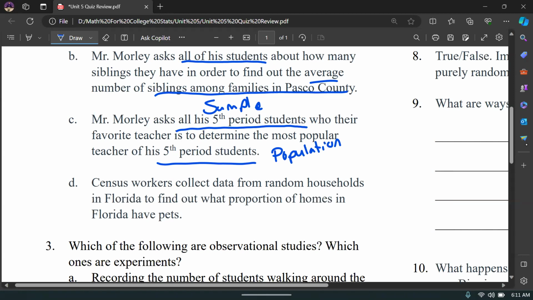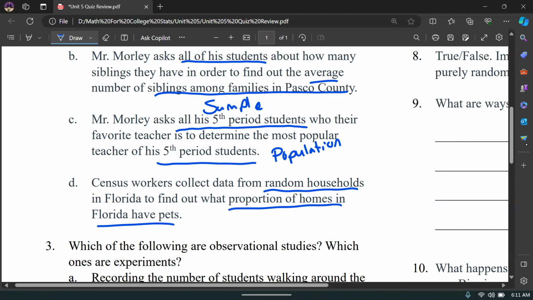And then lastly, census workers collect data from random households in Florida to find out what proportion of homes in Florida have pets. It could be a little more specific, but the idea here is you're asking some households if they have pets, to find out what proportion of all households in Florida have pets.